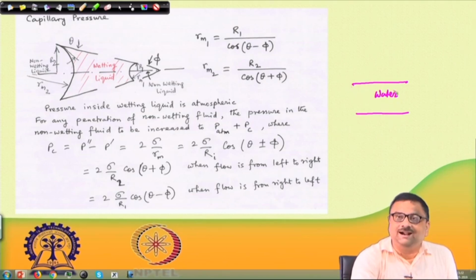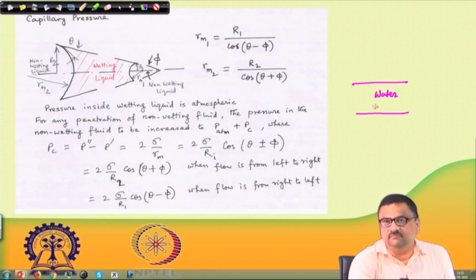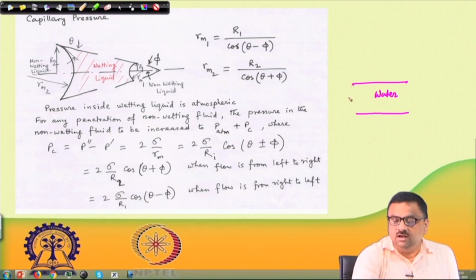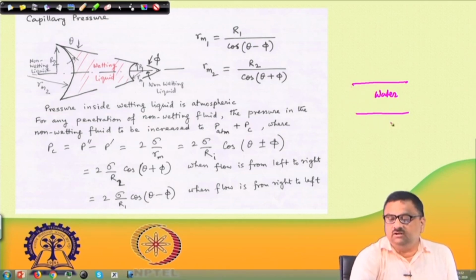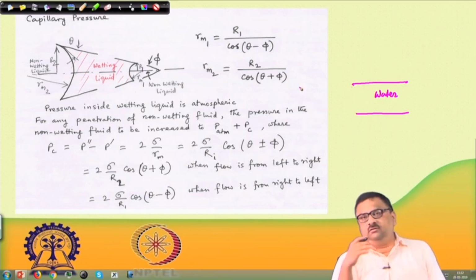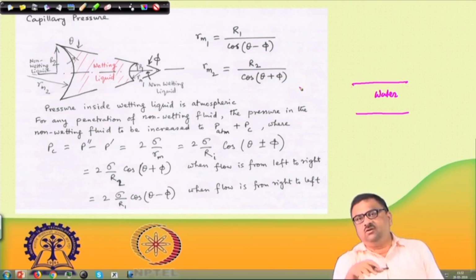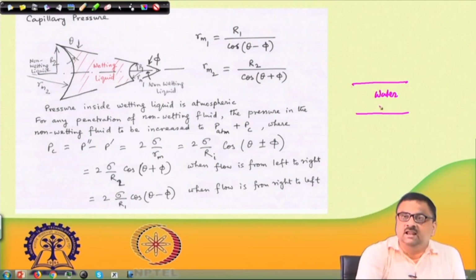Water is inside at, let us say, 1 atmosphere pressure, and it is filled with water, and outside we have oil. One is the wetting phase and the other is the non-wetting phase. So the wetting phase is inside at a pressure of 1 atmosphere, and outside it is all non-wetting phase.